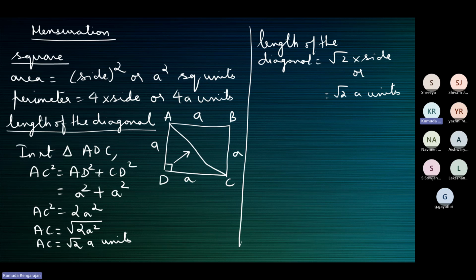That's why we say a square is two-dimensional. A rectangle is also two-dimensional. It has only length and breadth, only two dimensions. So it's a plane figure. Both square and rectangle are plane figures. They are two-dimensional, meaning they have length and breadth, and can be represented on a flat or plane surface.